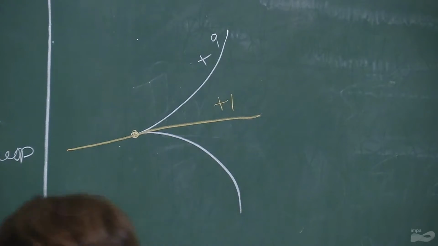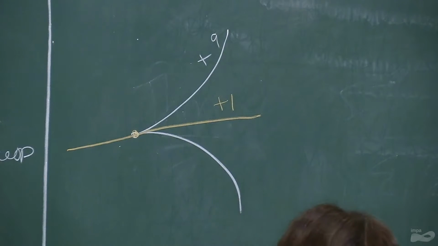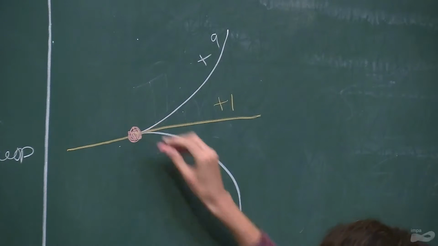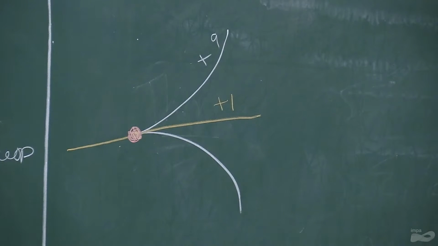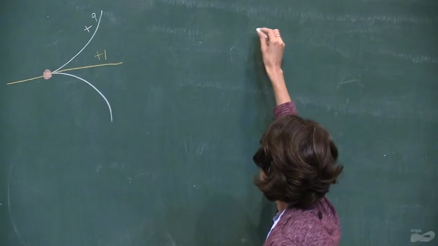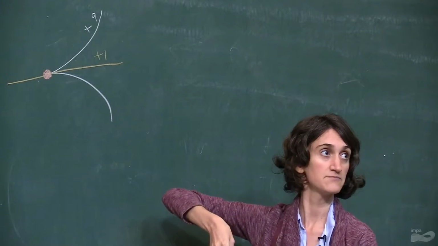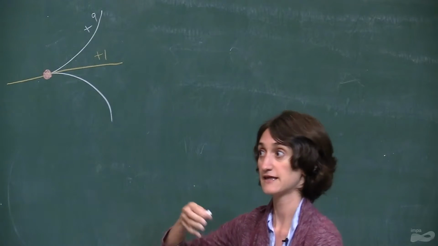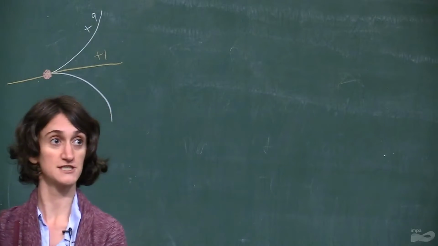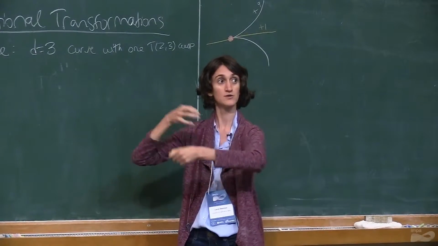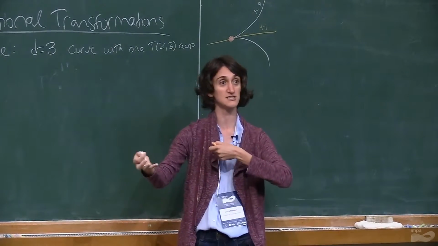And then I'm going to do some birational transformations, which means I'm going to start blowing up. When I blow up at the singularity, the nice thing about blowing up is that it makes singularities go away in a different way than just changing the coefficients did. Changing the coefficients would smooth out the singularity, but you get the genus back.